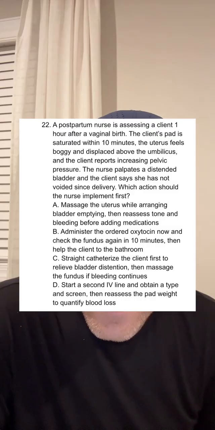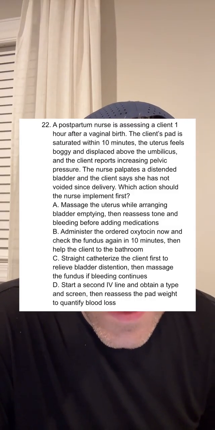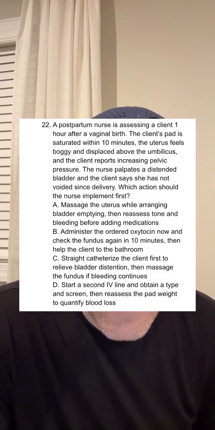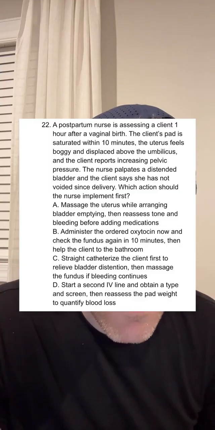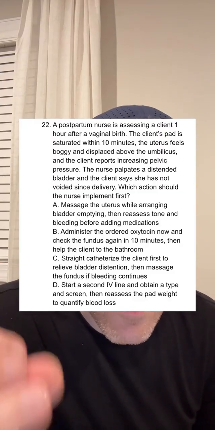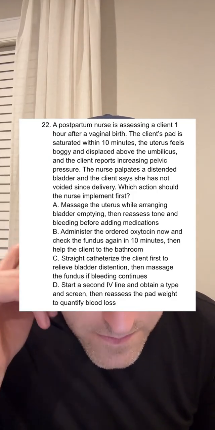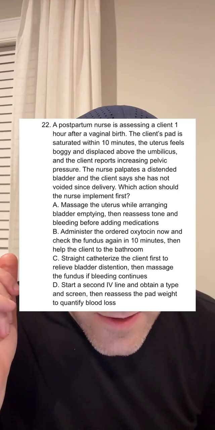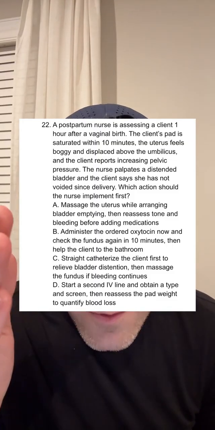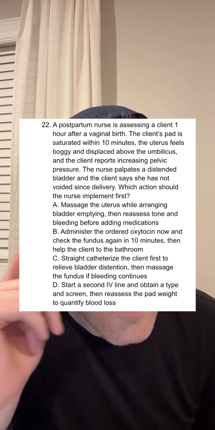All right. So answer 22 is A, massage that uterus. Okay. You need to massage the uterus while arranging bladder emptying and then reassess tone and bleeding before adding medications. Okay, so we are intervening with this answer, right? So you should have read the question and been like, I need to intervene, right?